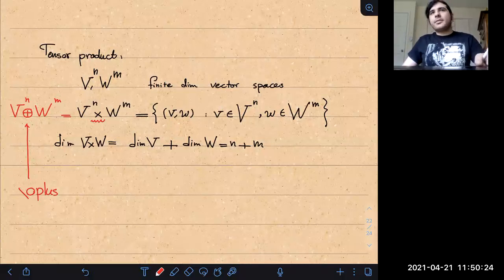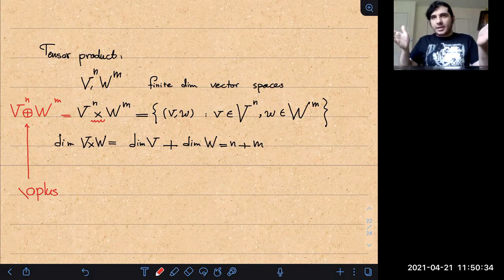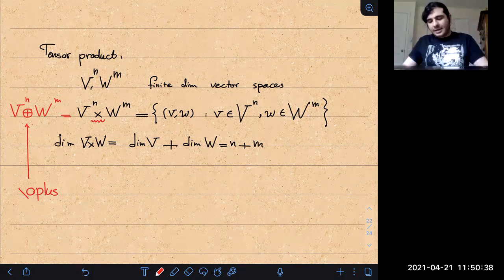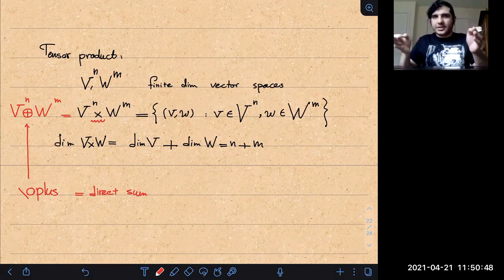And this might be a better notation, because when we have two of these spaces, if we look at their product, or what we call here the direct sum, the dimension of the space we end up with is the sum of dimensions of each of them.